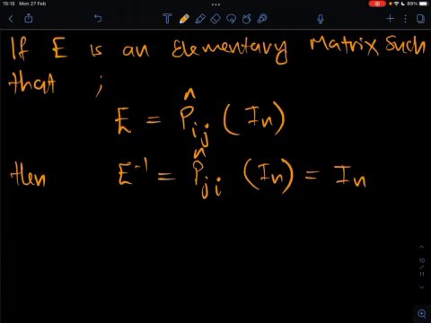When you want to find the inverse, the inverse is simple: you take the reverse operation onto E, and then you get In out of that. This is the whole subject of elementary matrices. Every operation that you want to do, you do it on your identity matrix, and the undoing one will be the one that does the opposite thing.